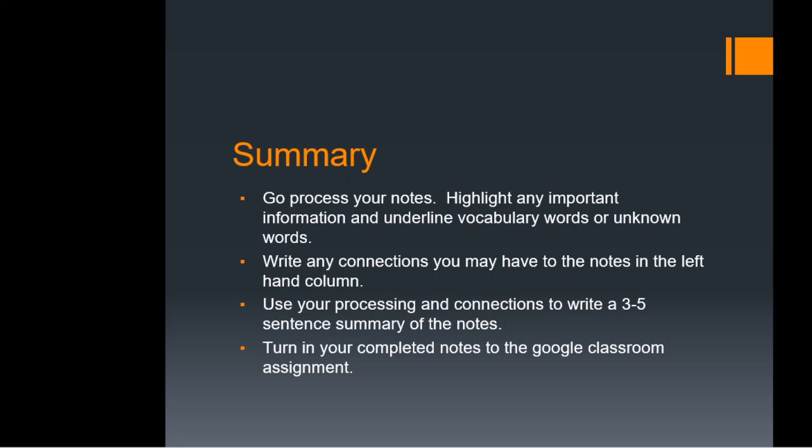And then once you're done, you're going to go back to Google Classroom. You're going to put your completed notes with your summary and your highlights and your underlines and all your connections, and you're going to attach it to the Google Classroom assignment and press that turn-in button. Okay? Once I have stamped it, I will return it and you will create a link in your notebook.